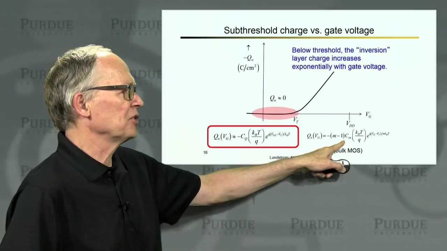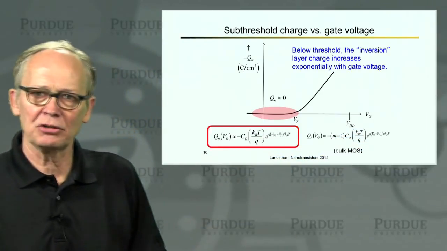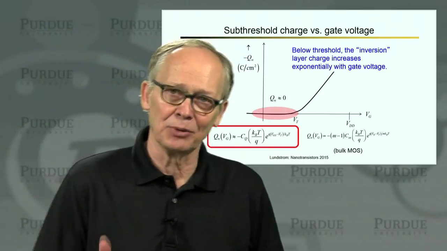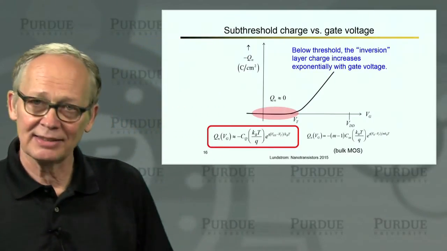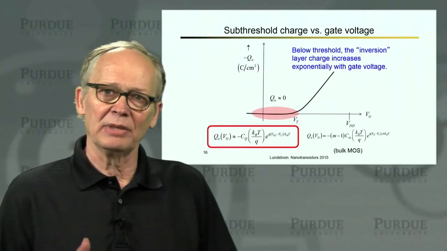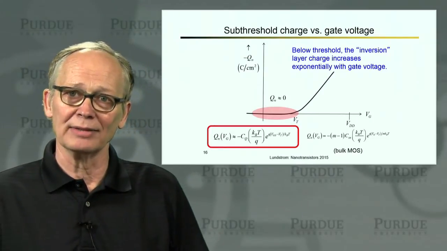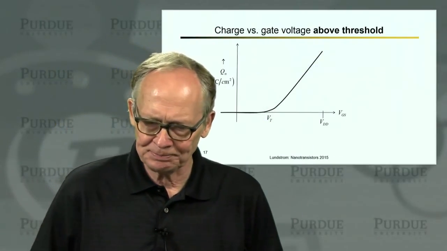The pre-exponential factor is a little bit different, but in both cases we have an exponential dependence on gate voltage. That's the important takeaway message to be sure that you remember. And in the extremely thin, fully depleted SOI case, this parameter M is exactly 1. That's another thing you want to try to remember.